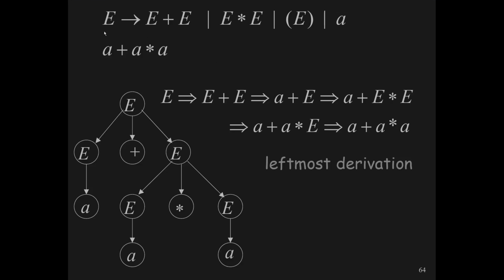You have the grammar E produces A plus E, or E times E, or E in parentheses, or A. So this is supposed to describe some kind of arithmetic, right? And an example of the strings that can be generated by this is A plus A times A, right?